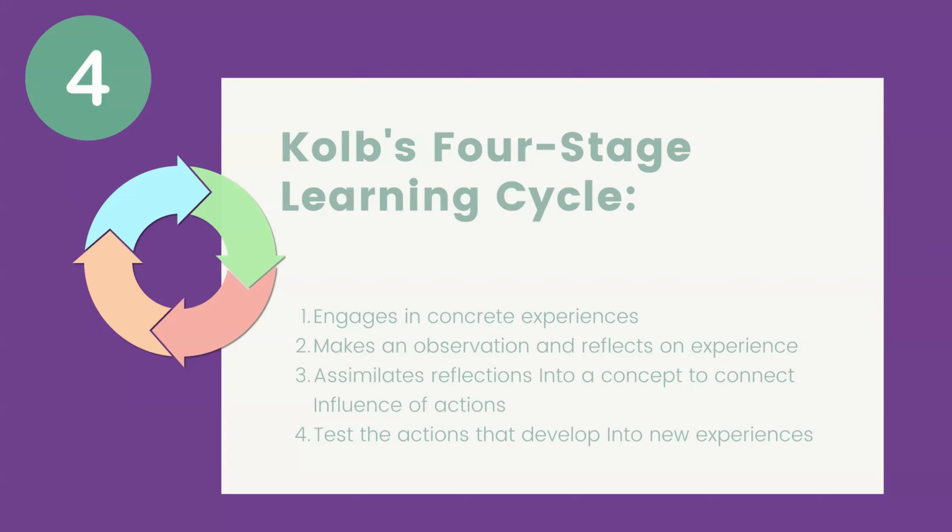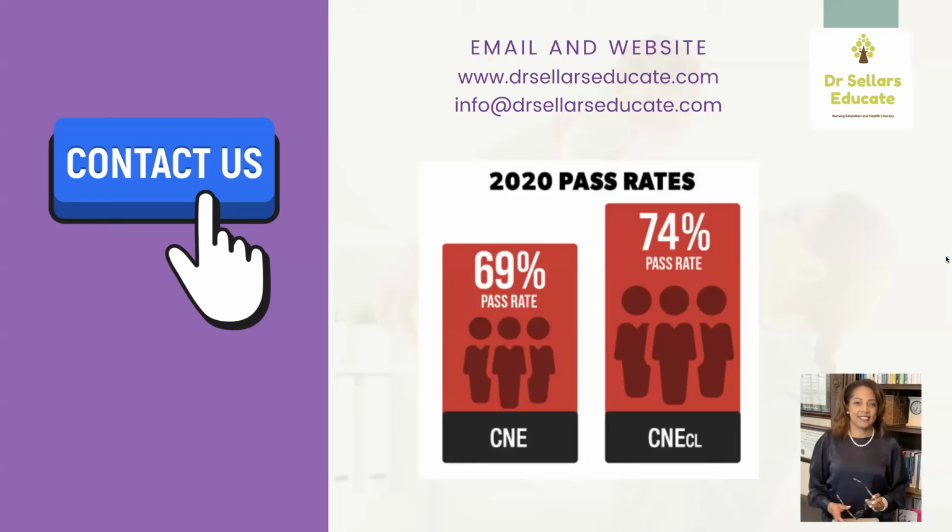And then the 4th step of the learning cycle is students actually testing those actions. It can be based on all 3 steps that we've already talked about as they develop what their next steps are going to be, the type of care they're going to deliver, or even the question they're going to ask their other healthcare partners in the clinical setting about what steps should be taken when providing patient care.